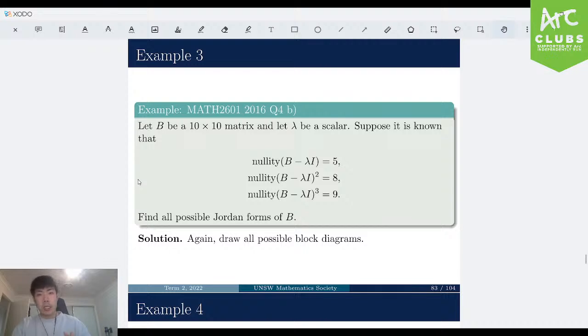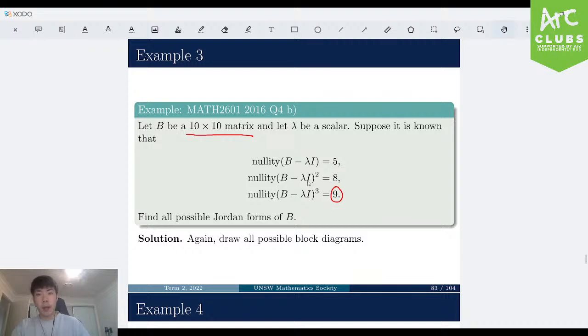Well, you will notice that since we have a 10 by 10 matrix, this should have a max nullity of 10. Or in other words, if we construct the characteristic polynomial for this matrix, we should end up with a polynomial of degree 10, which means it has a total algebraic multiplicity of 10. But so far we only have 9, which means there's 1 block missing somewhere.